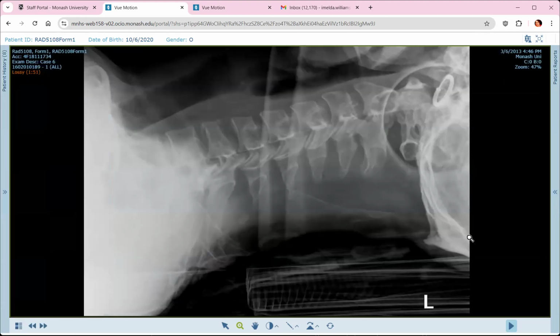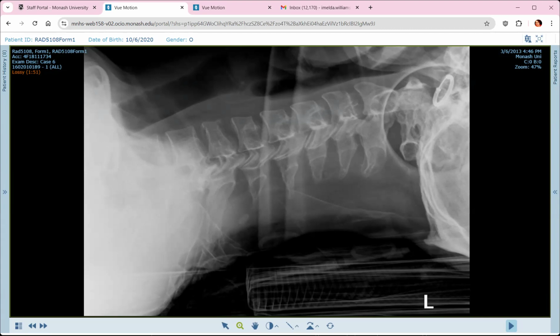Okay, so case 6 is a diving injury, and the request is to exclude any C-spine fractures. So the key thing is, when we count 1, 2, 3, 4, 5, 6, 7, when we get to 7, we can see there's a significant drop in the vertebral body height on the anterior part. So that shows you that that is a compression fracture. The other important thing is that the posterior vertebral height is maintained, and that then excludes a burst fracture.